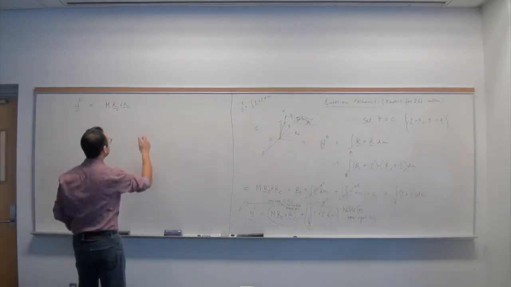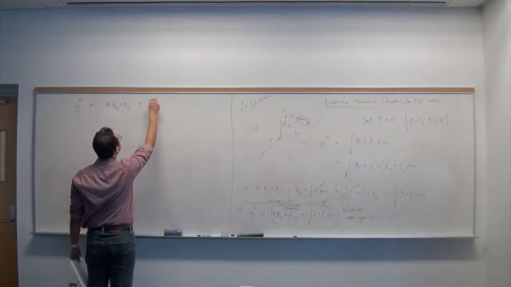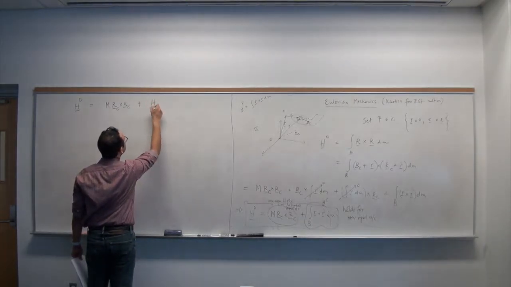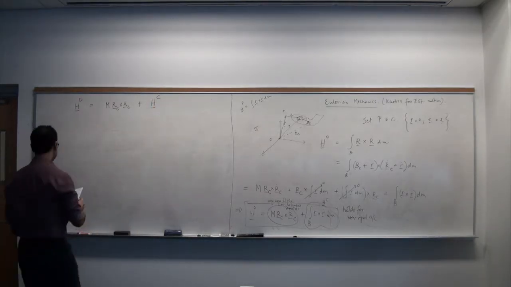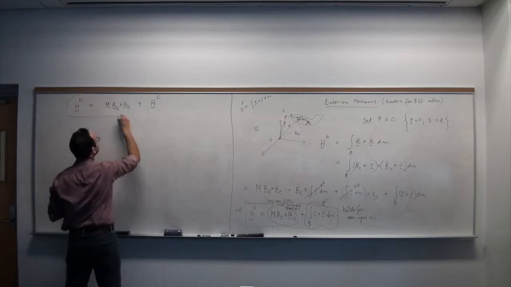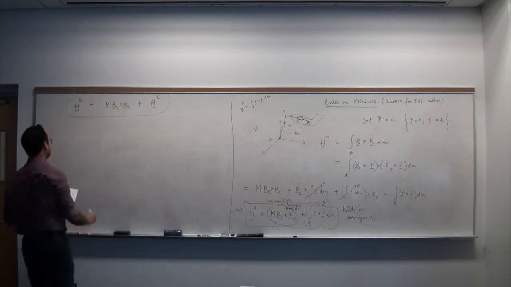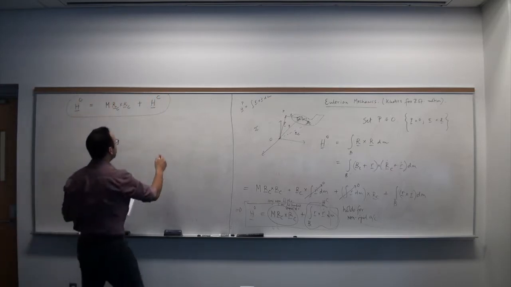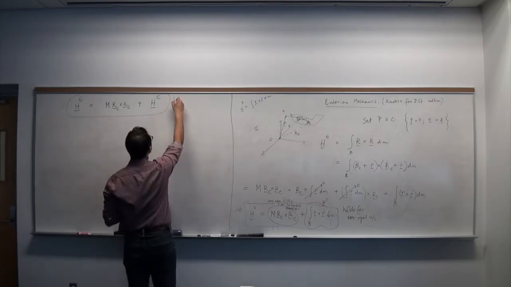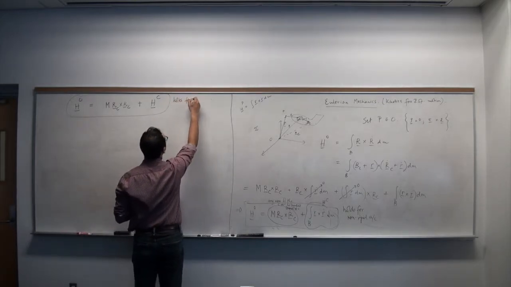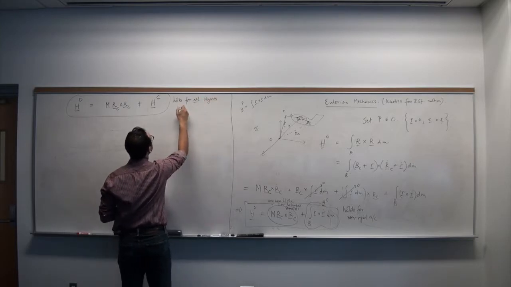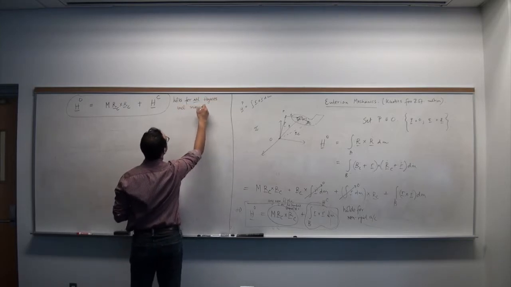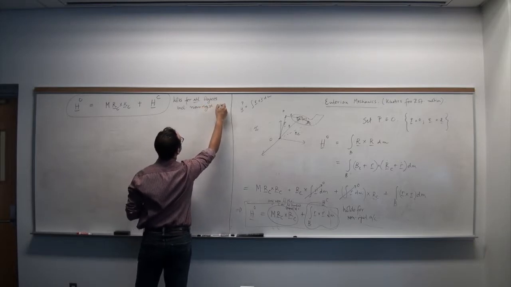It's that particle's angular momentum plus the angular momentum of the aircraft as measured from that point. So this is a nice little expression. And like I said, this holds for all objects, including non-rigid aircraft.